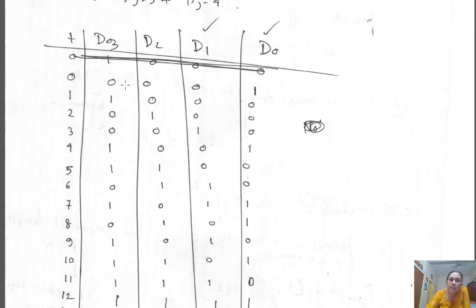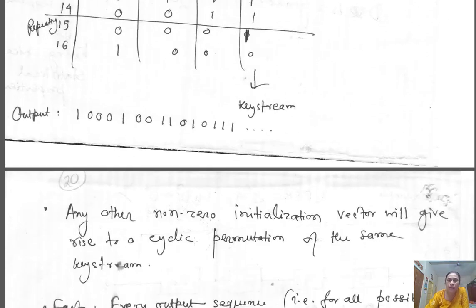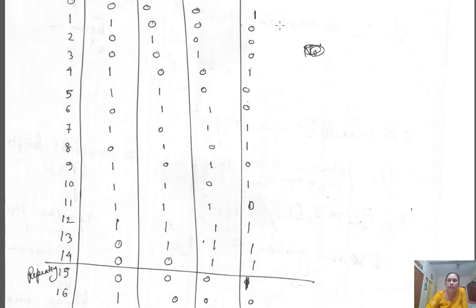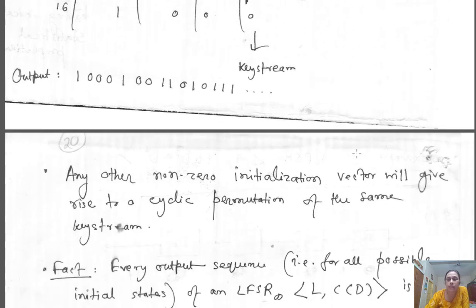If instead of this initial vector you start with any other, then you will get a cyclic permutation of the same key stream. Suppose I start with 1, 1, 1, 1. Then I will get a cyclic shift of this entire thing. This will come first, then the above will appear. So it is a circular permutation that we get.